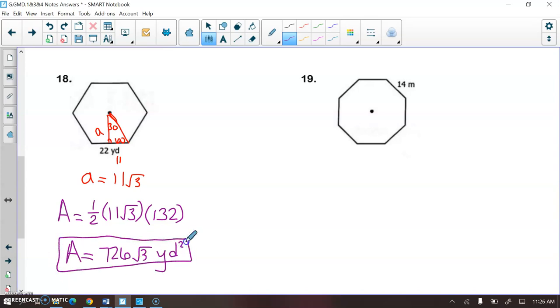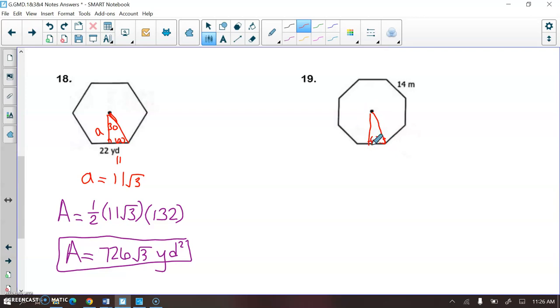All right, and now on to our final problem, which I do have 8 sides. So again, in an 8-sided figure, your radius bisects your angle, and this becomes a 67.5-degree angle here.